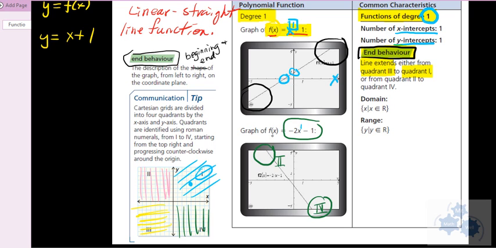So that's the end behavior for this graph. Both linear functions, but different end behavior. Now, what do you think it was that caused the end behavior to change? What's different between the two functions, and what do you think it is that changes that end behavior? What makes them slant the opposite way?